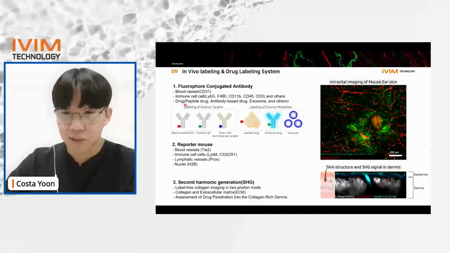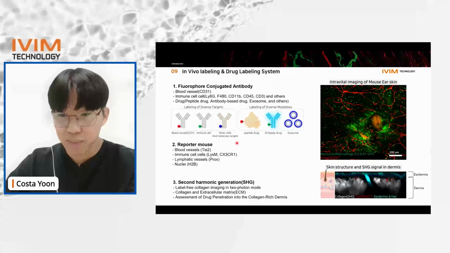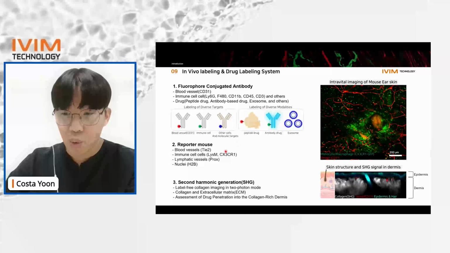For example, blood vessels can be labeled to visualize tissue architecture, while immune cell populations, including neutrophils and T cells, can also be specifically labeled. Furthermore, therapeutic agents themselves can be fluorescently labeled to evaluate their biodistribution and skin penetration in vivo. This approach is compatible with a wide range of therapeutic modalities, including peptides, antibodies, and exosomes.